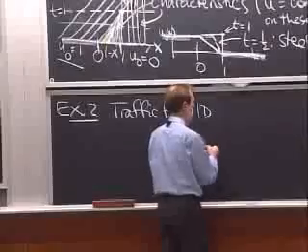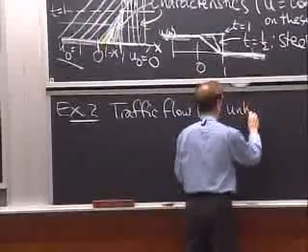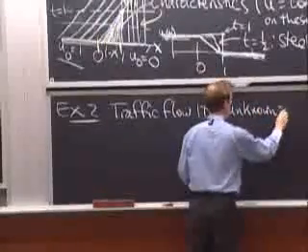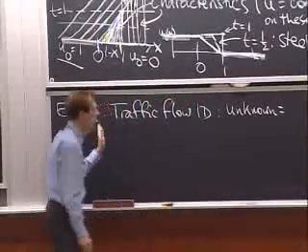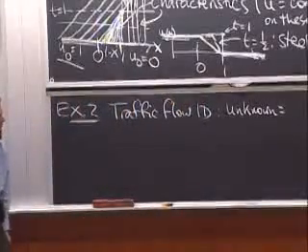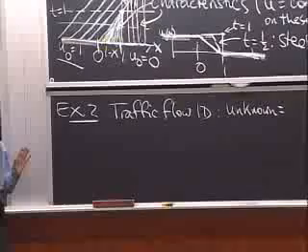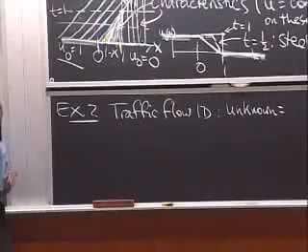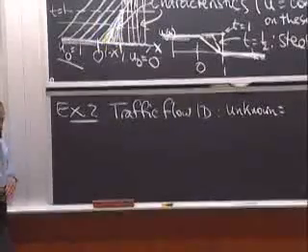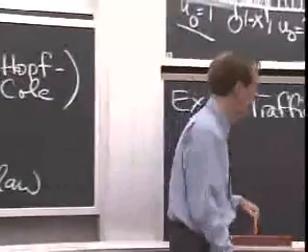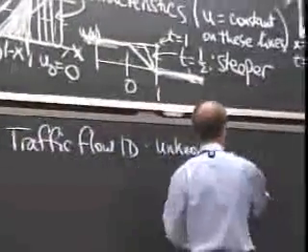And what's the unknown? Well, it's the thing I've been calling u. But for traffic flow, the natural unknown is the density of the traffic. The density of the cars is the car density.